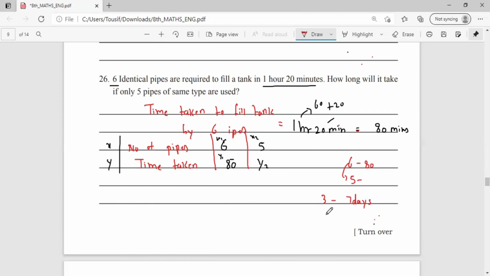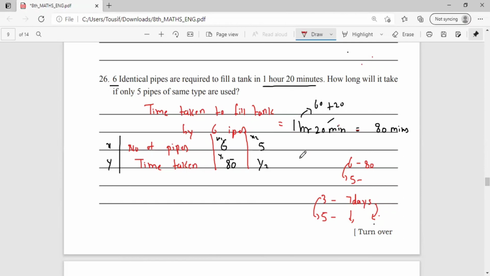The same job is given to 5 people. Will the 5 people take 7 days itself or less than 7? Obviously less than 7. Here one value is increasing and the other value is decreasing, so it is an inverse proportion. Similarly in our question, one value is decreasing and the time taken will increase.